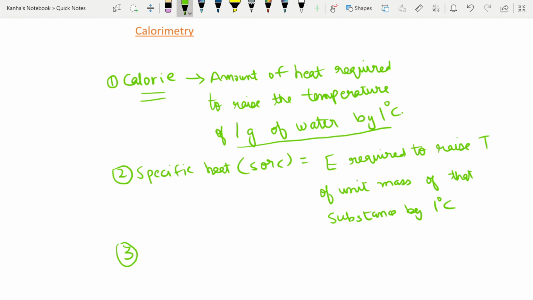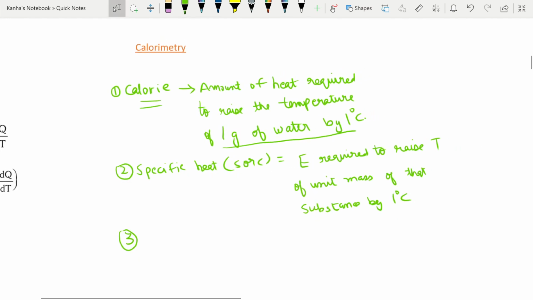Let me see if I have a relation between the specific heat and the heat flow through the system.